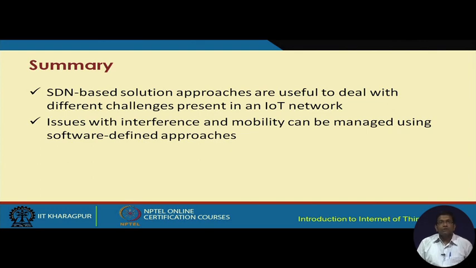Again, to sum up, SDN based solutions are useful to deal with different challenges present in an IoT network. In the first part we talked about IoT in the context of sensor networks and small powered IoT devices, and in the second part we talked about IoT in the context of mobile networks and mobile devices.